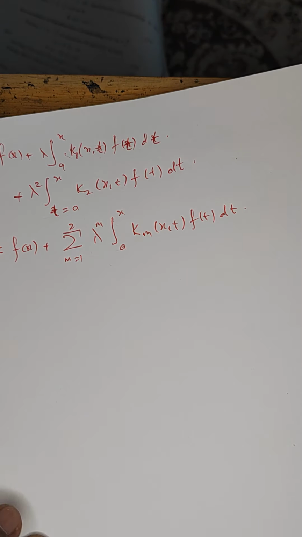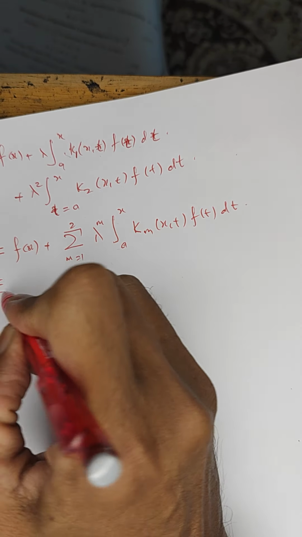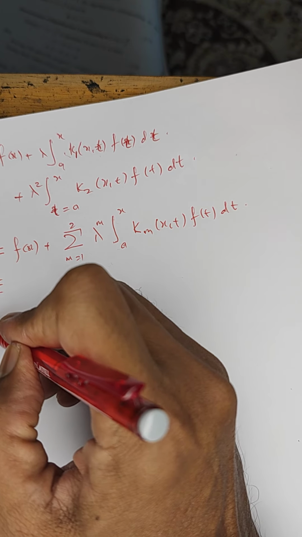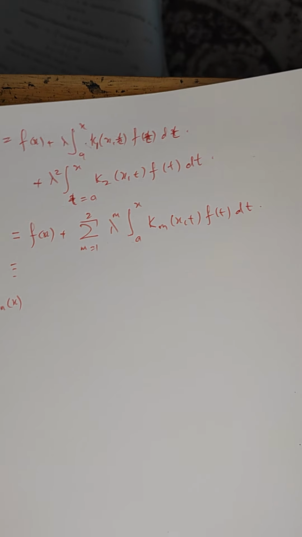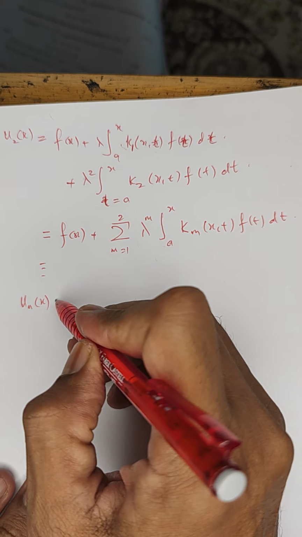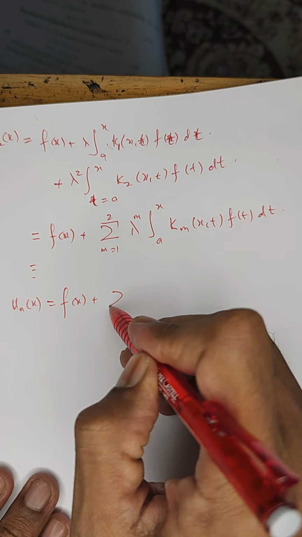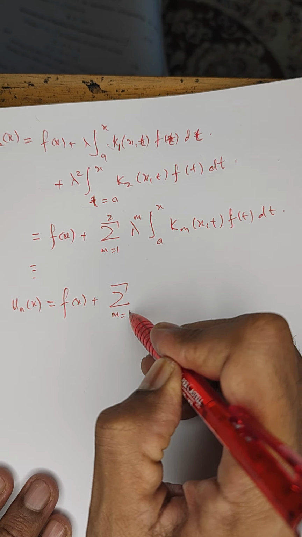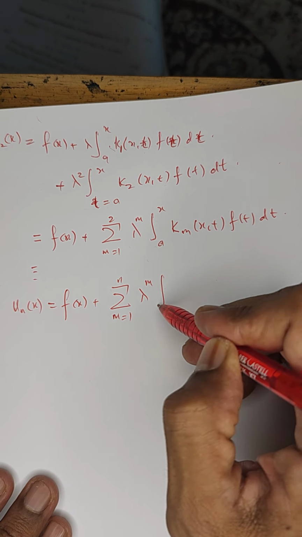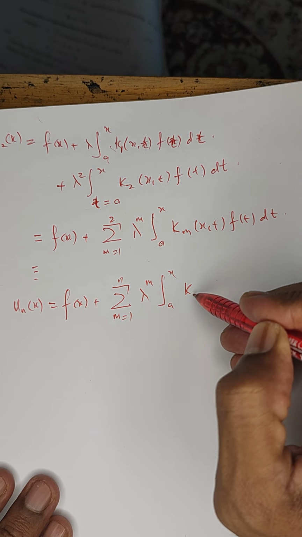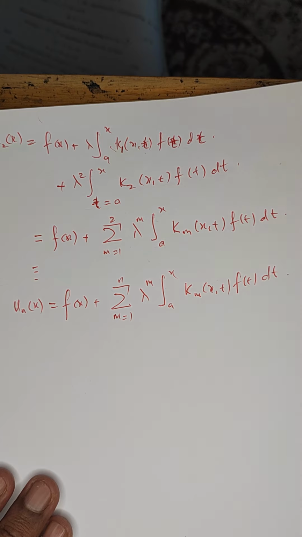Alright, and then we can proceed further, up to n terms. If you proceed further, you can obtain up to n terms. So that's the nth approximation. We have u_n(x). This is f(x) plus the summation m equal to 1 to n lambda^m, you integrate a to x k_m(x,t) f(t) dt.